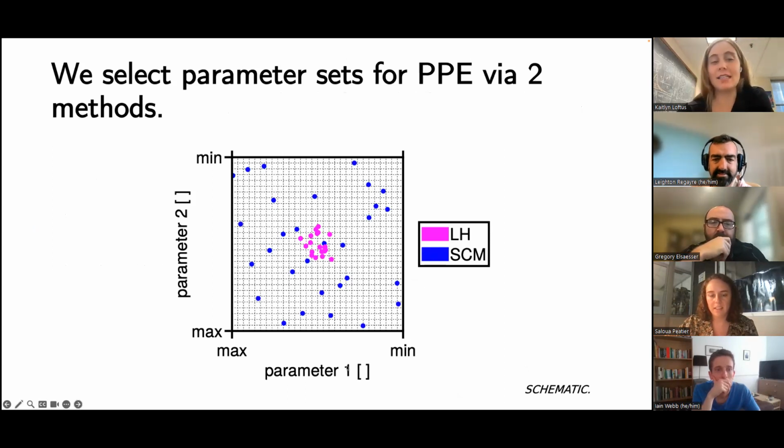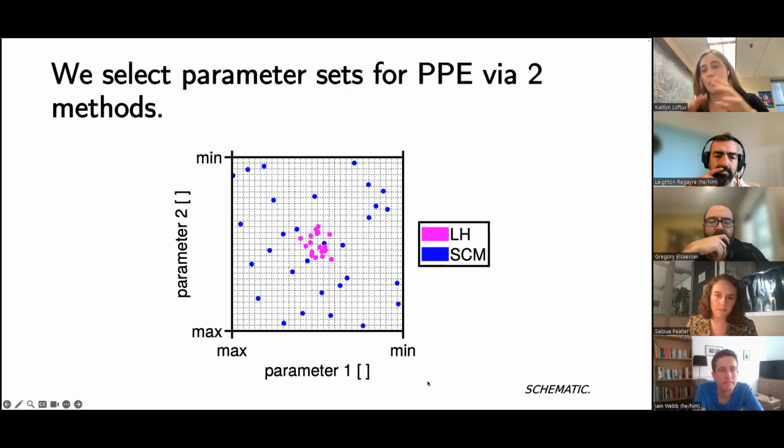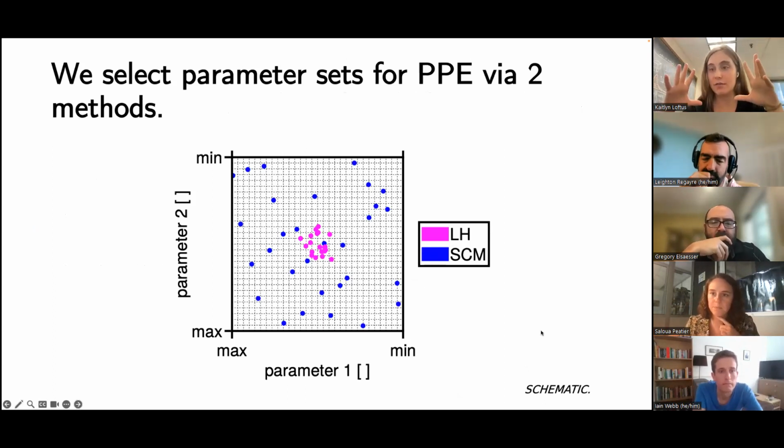But basically the idea is that we have some parameter space that we're considering, and our constraints from a simpler model have more clustered parameters relative to the range of possible parameters we explore in the Latin hypercube sampling.